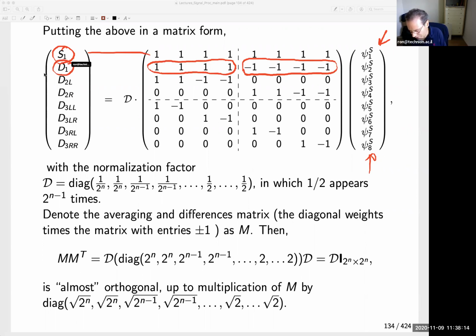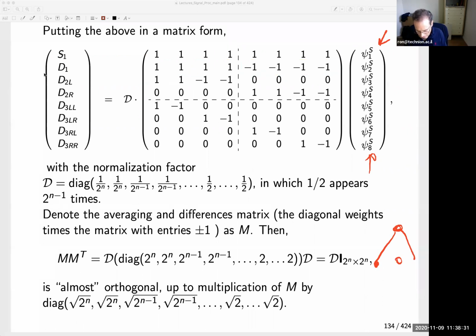So in my tree, I've computed this guy, and I've computed that guy, the difference between the left and the right. Okay. Next would come the D left and the D. So next, I'm observing this part of the tree, and I would like to look at this guy plus.